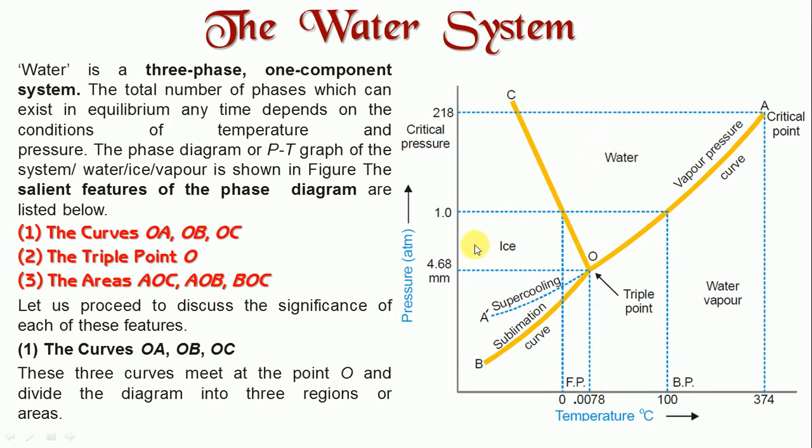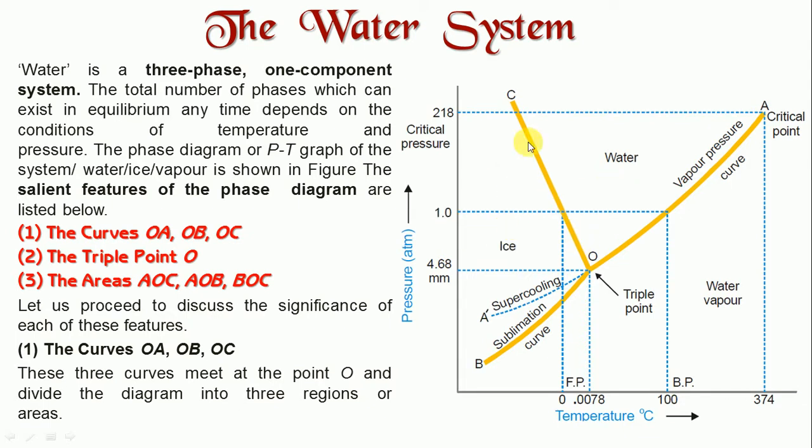This is liquid water, this is ice, liquid and solid. That means liquid water and solid ice can coexist in dynamic equilibrium along this curve OC. Along this curve OC, on the right hand side it is liquid water, and on the left hand side it is solid ice. So this curve represents two phases, and the component is water, H2O.